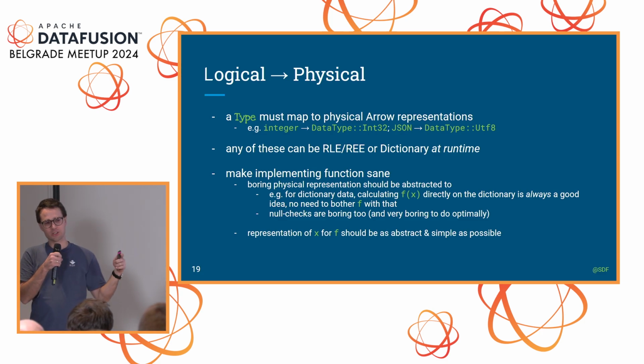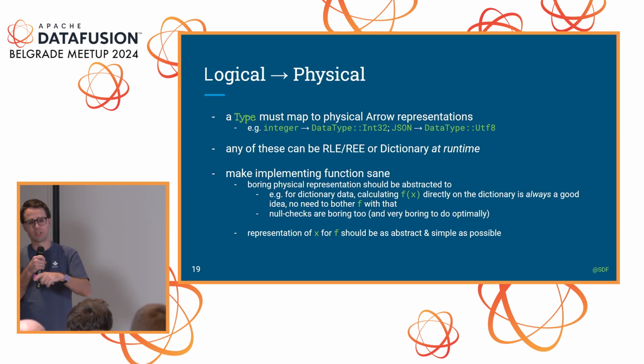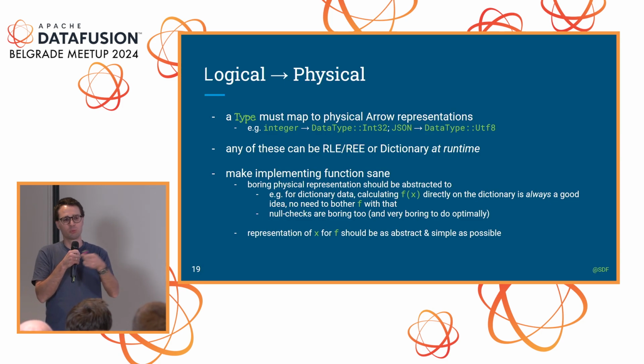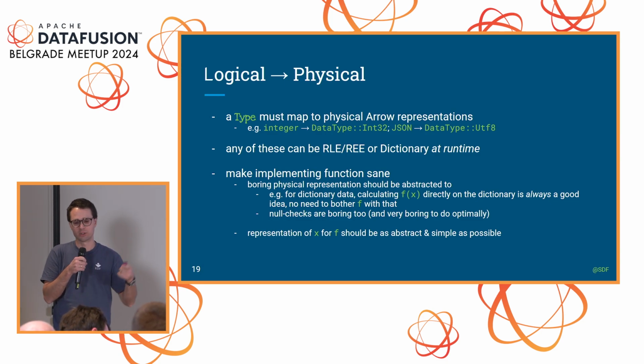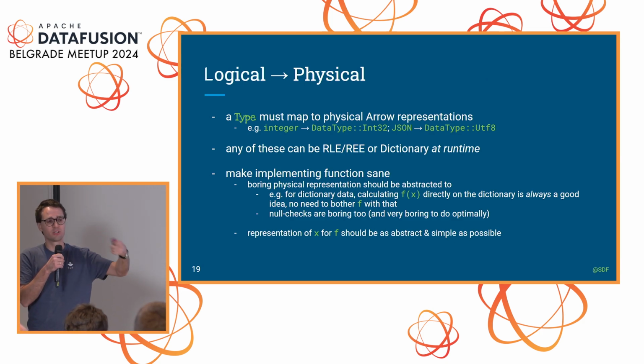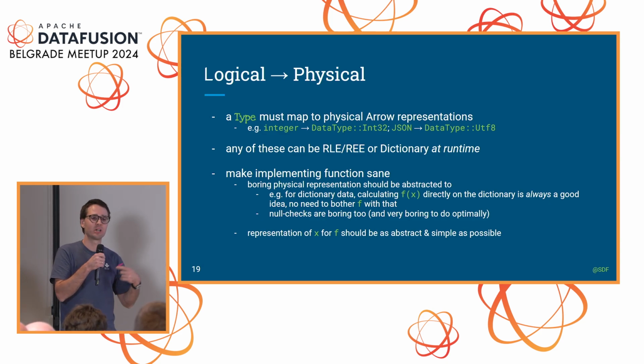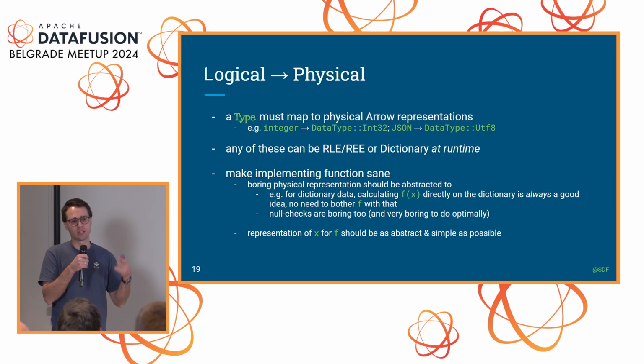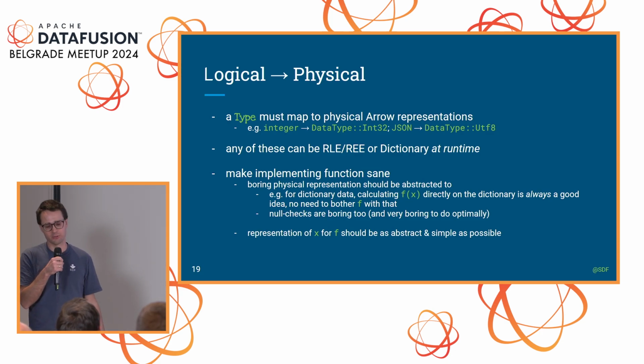I want the engine, the thing that invokes the functions, to implement that logic, because then it can say, I have an expression on A, B, C columns, all of these come from the same relational operator, and not by accident they have the same dictionaries, and I can do some optimization on top of that.